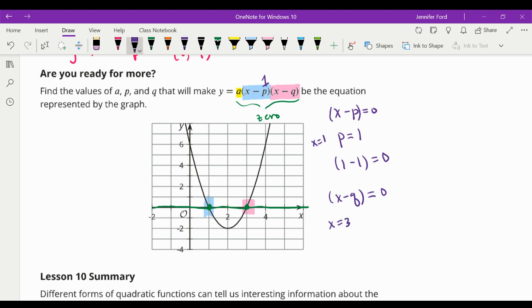At this point here, x equals 3. So q has to be 3 so that I can get 3 minus 3 equal to 0. So far we've got y equals, I still don't know what a is, times x minus 1 times x minus 3.